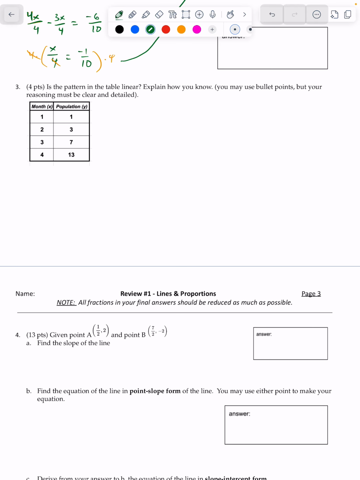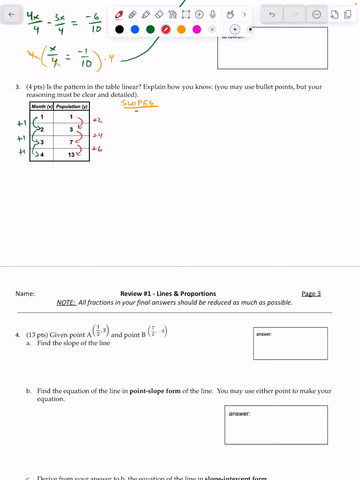Sorry, I have to drink a little bit to keep from losing my voice. All right, linear. Well, looks nice on this side. Plus 1, plus 1, plus 1. On the right-hand side, let's see, I'm going to do this in red, plus 2, plus 4, oh, that's not good, plus 6. So in terms of the slopes we get, are they consistent?